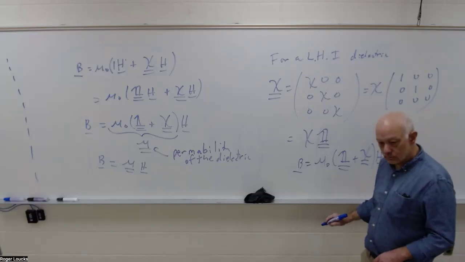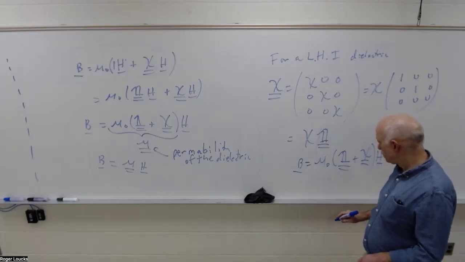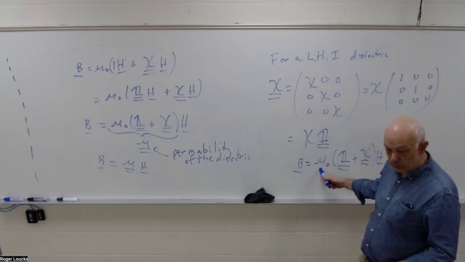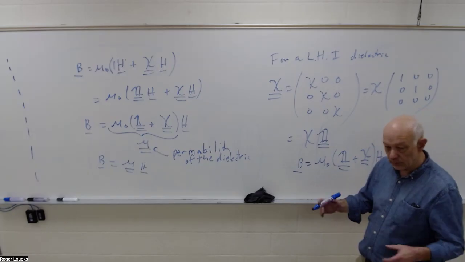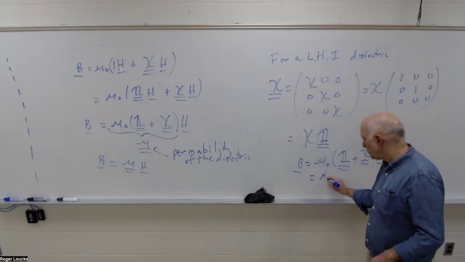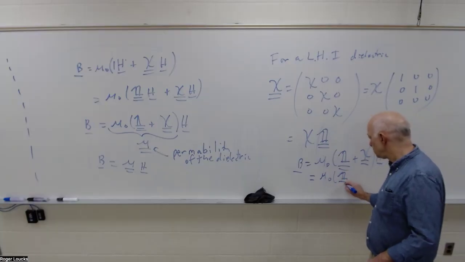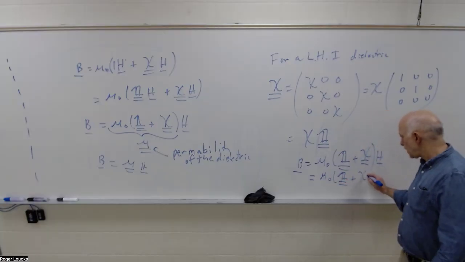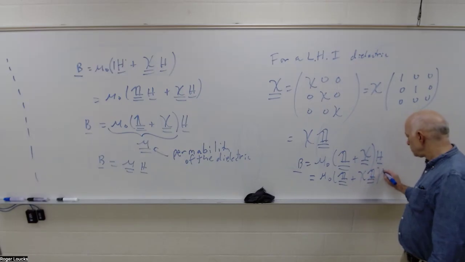Does it really matter if you call it mu or mu naught now? Yeah, because mu naught is the permeability of free space. Oh, okay. And then the mu is just the permeability of the dielectric. Okay. This is our mu naught times 1 plus chi times 1 times H.